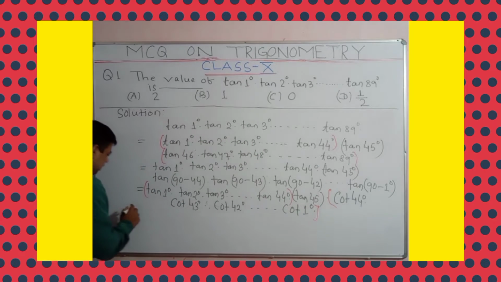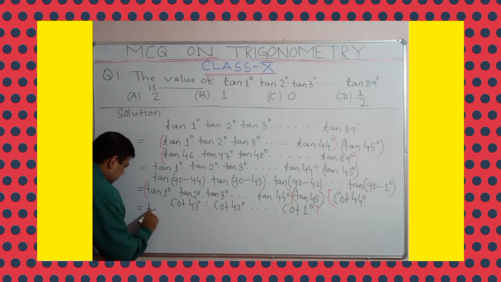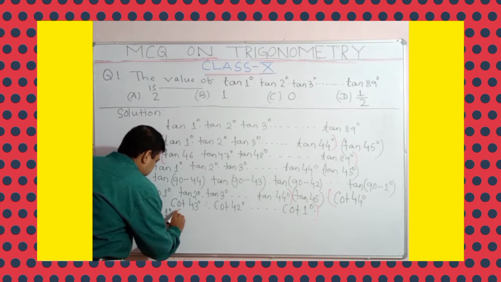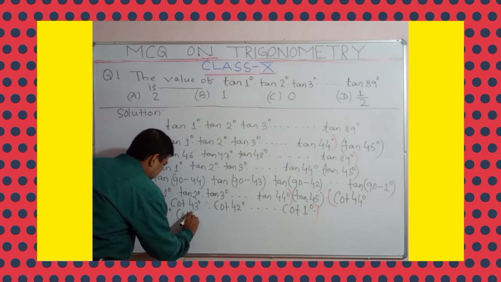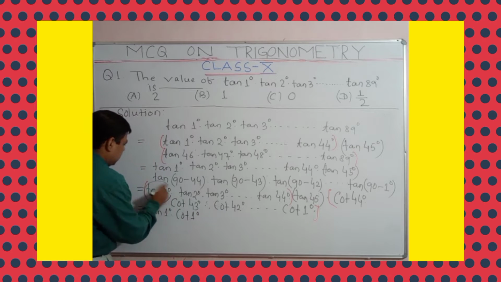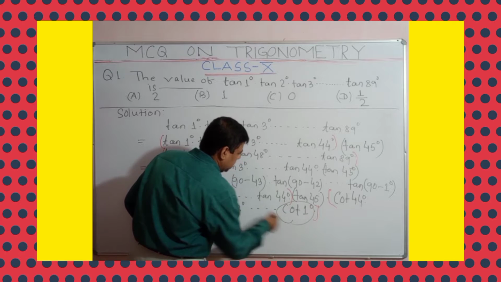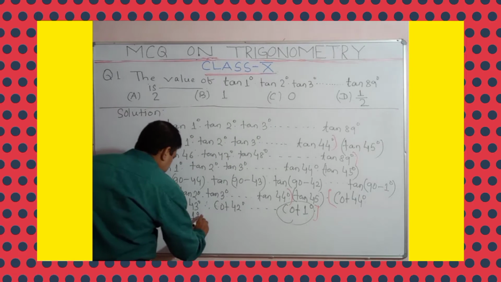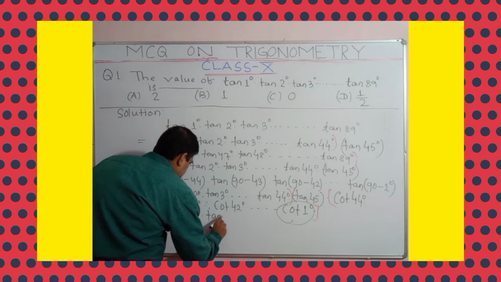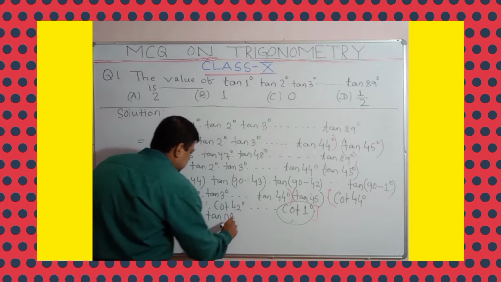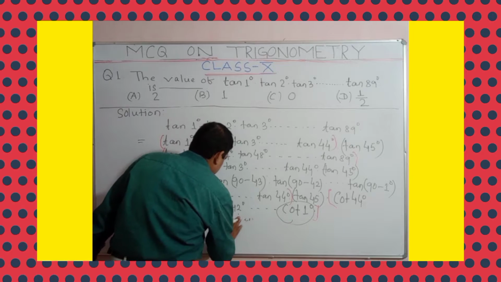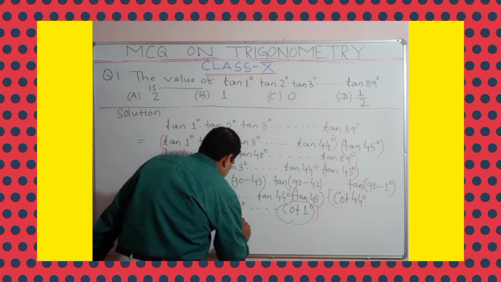Okay, you can write tan 1 degree into cot 1 degree. Just rearrange. You see here tan 1 degree and here cot 1 degree. Similarly, we can write tan 2 degree into cot 2 degree.